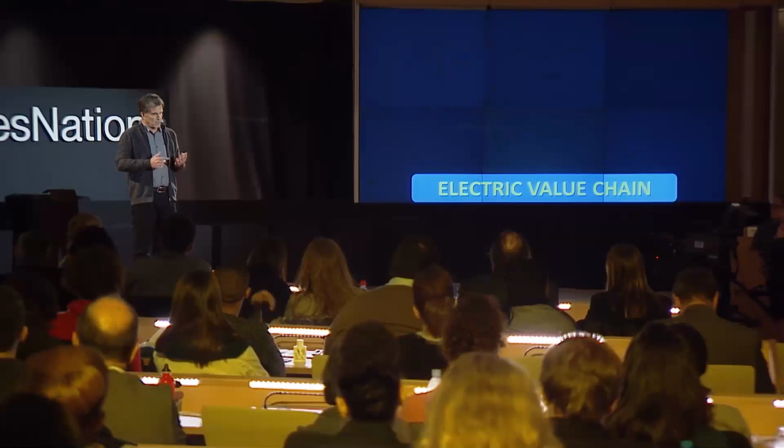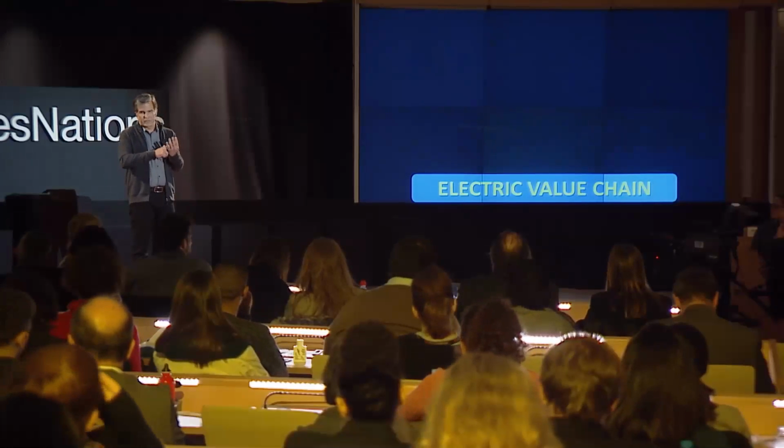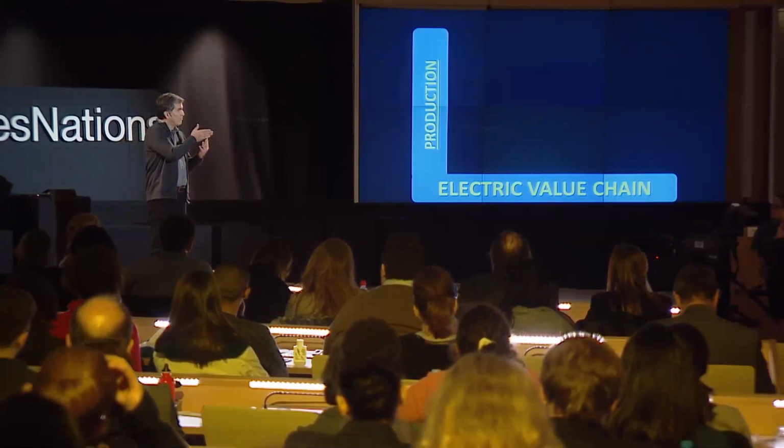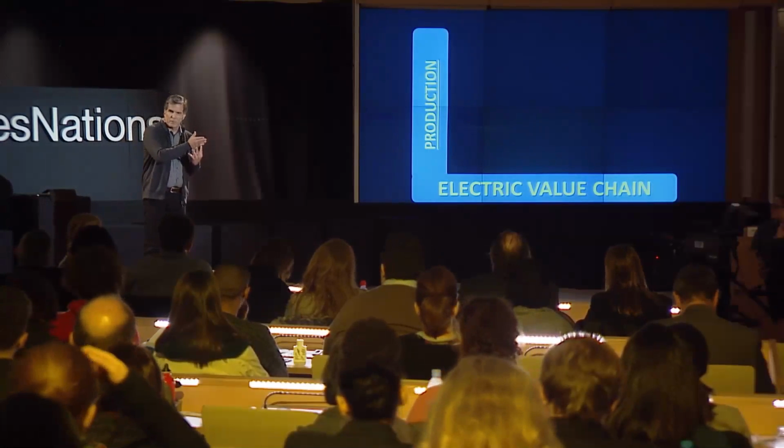Now, let me explore a bit with you that services concept. And I'm going to use the power industry, the electricity industry, as an example. But the thinking that I'm going to use can apply to all of the energy types. To talk about the energy value chain, and that's what it's called, you have at the beginning the generation of electricity. It can be from a fossil power plant, a nuclear power plant, or from renewables.